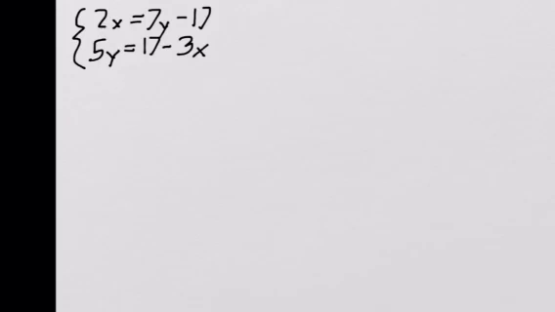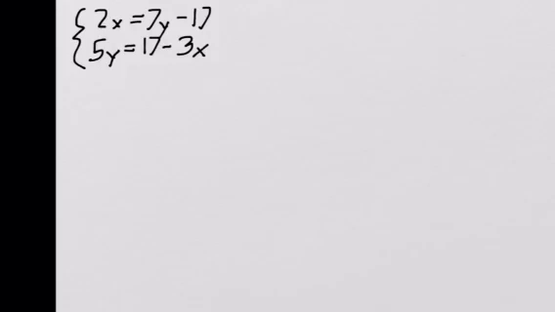So we're going to take the system of equations 2x equals 7y minus 17 and 5y is equal to 17 minus 3x.